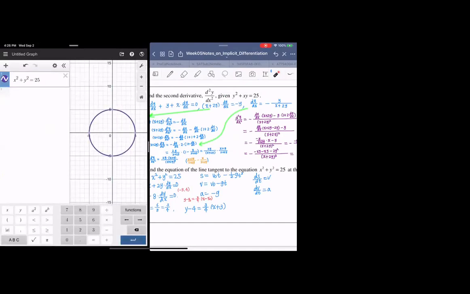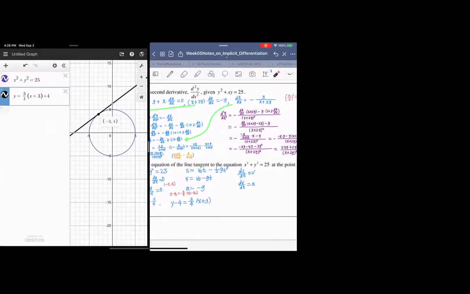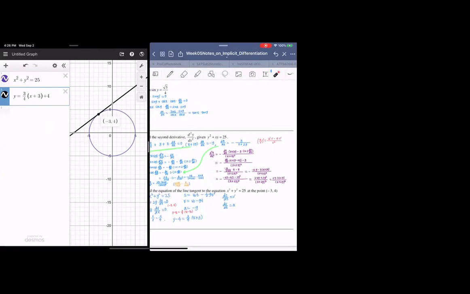And the next equation is y equals 3/4 times x plus 3. And then you move forward on the right. As you see, this point is -3 and 4. Yes? That makes sense? Yes.